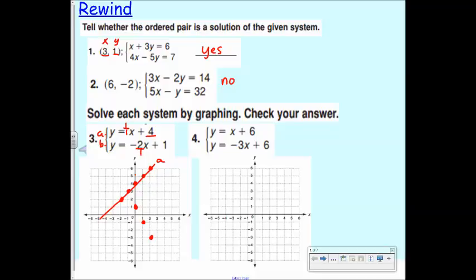And then I find up 2, left 1, that my intersection point is right here. And I'm going to highlight that in blue. There's your intersection point. Therefore, the solution to this system of equations is negative 1, because that's the x-coordinate, positive 3. All right, negative 1, positive 3.